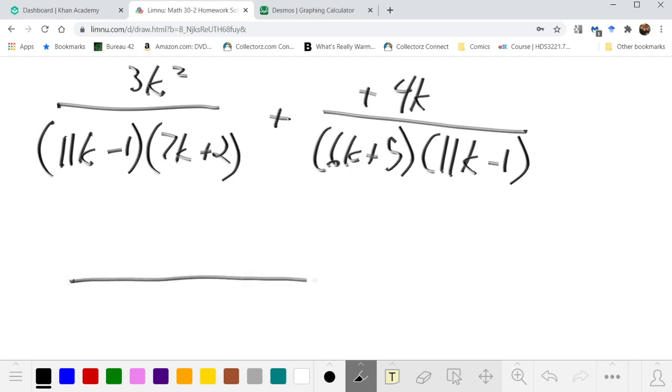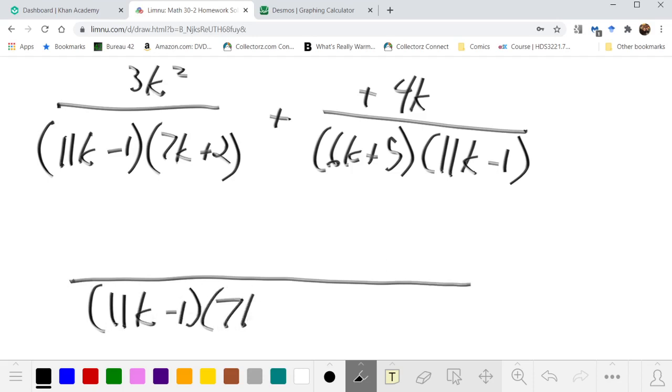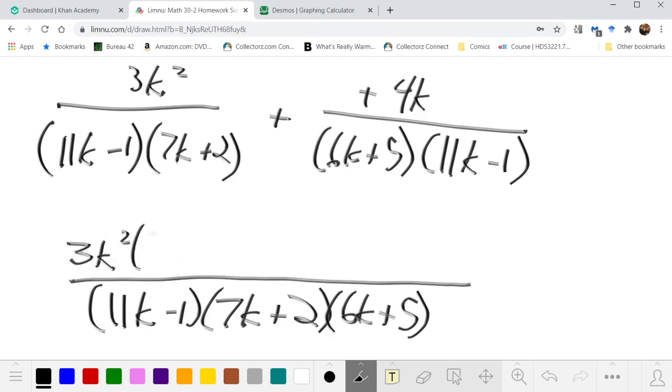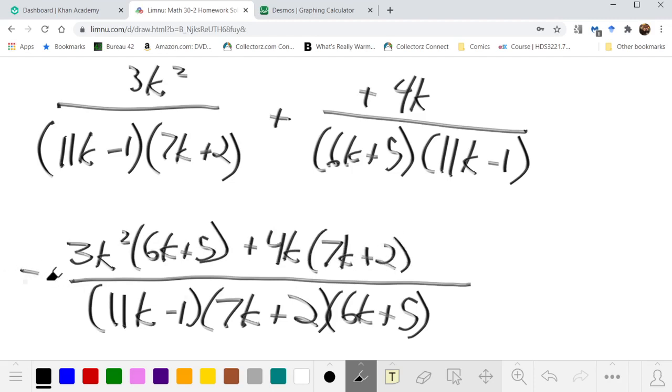From there, our denominator is going to have the 11k minus 1, the 7k plus 2, and the 6k plus 5. To get those same results in the numerator, we're going to have a 6k plus 5 here, and a 4k times a 7k plus 2 here.